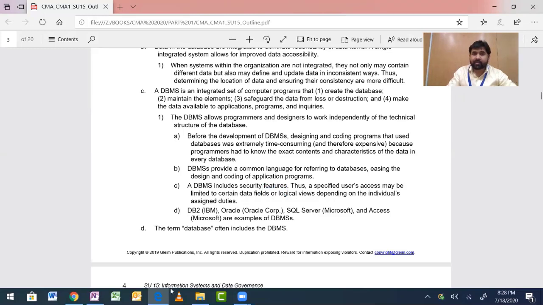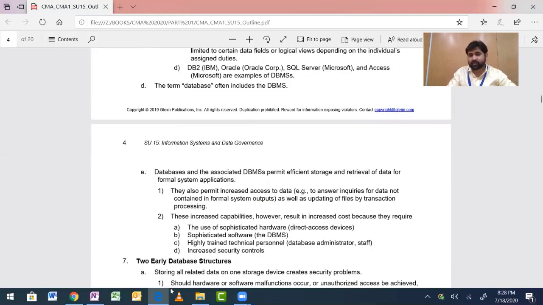The term database often includes the DBMS. So when you are saying database, it is now somewhat equal to DBMS, because they were trying to say that nobody creates data without a DBMS. Databases and the associated DBMSs permit efficient storage and retrieval of data for formal system application.